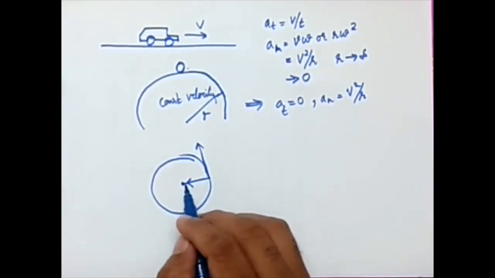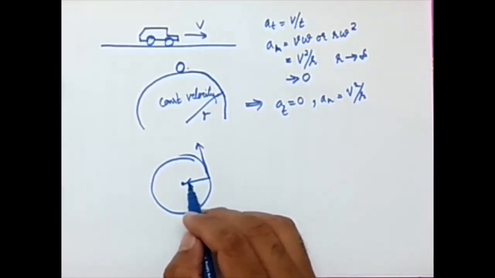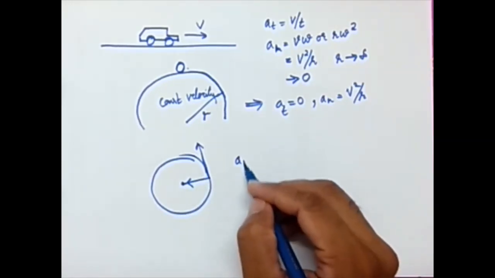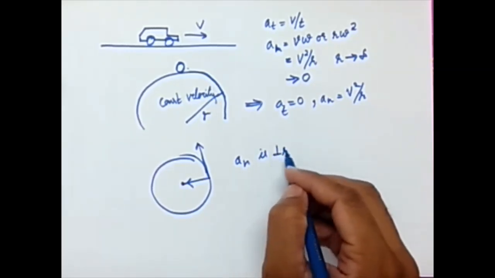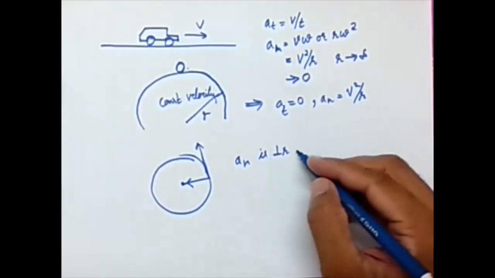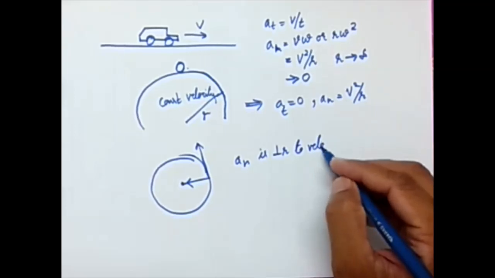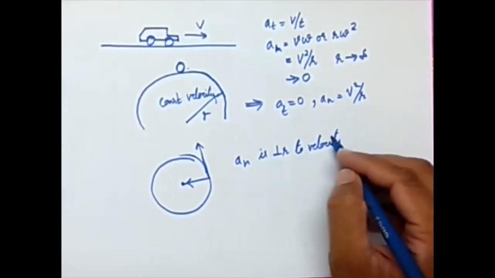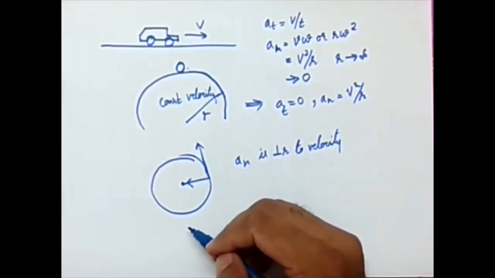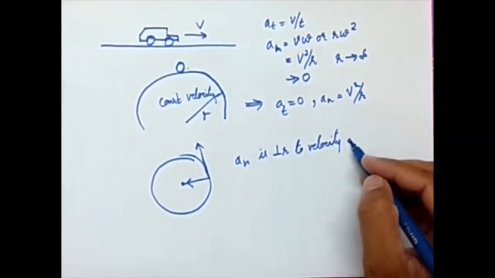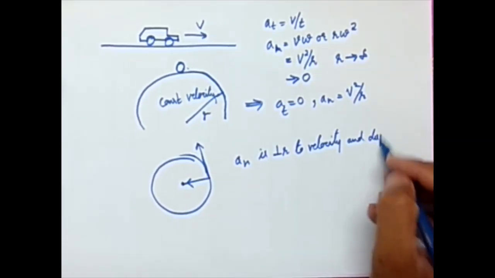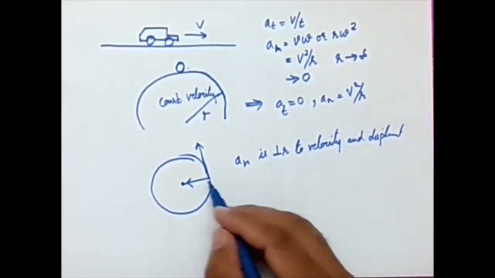The normal component was towards the center, which means that this normal component, AN, is perpendicular or normal to the velocity and displacement. This is the direction of velocity.